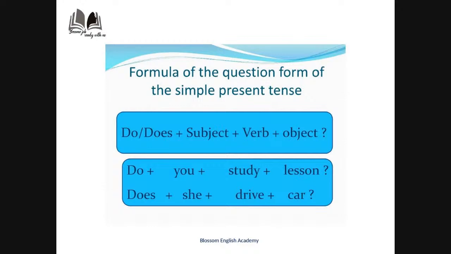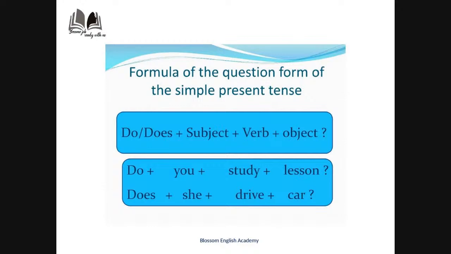So, in order to form questions using simple present tense, since it is a present tense, we already have a lecture on when to use do and does. If you haven't checked that out, please do. So, here we'd be using do and does in order to form a question.